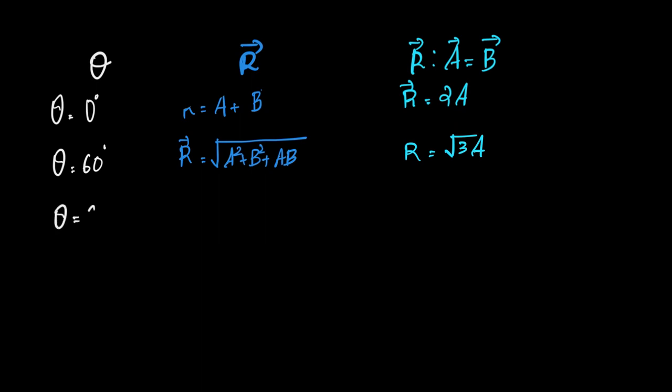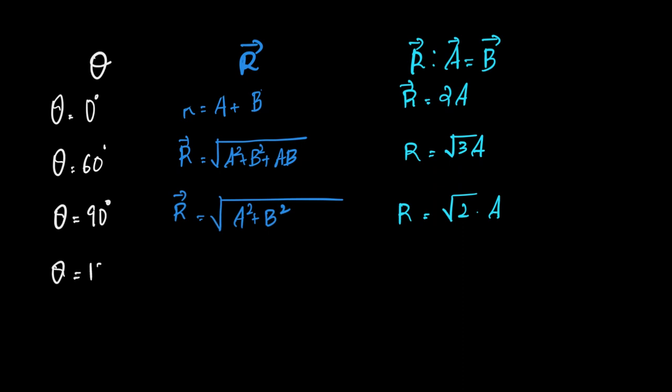Now when theta is equal to 90 degrees, what is r equal to? R is equal to root of a square plus b square, and similarly r here will be equal to root 2 a.